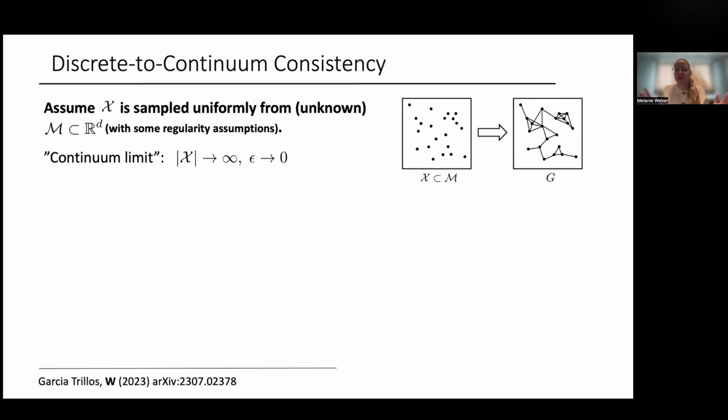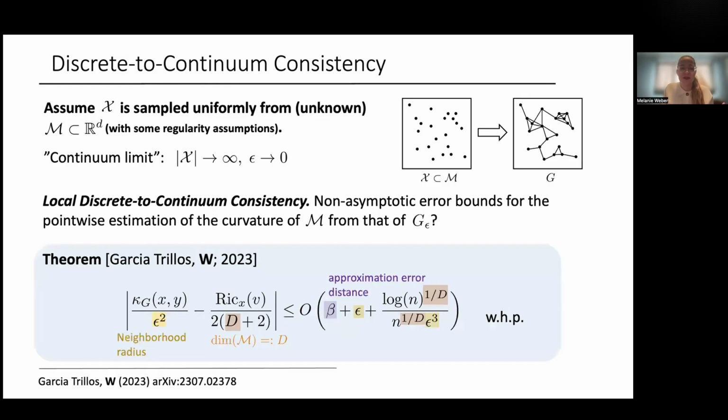As we look at this family of geometric graphs, we can ask a lot of geometric questions about what we can measure on those geometric graphs in terms of the sort of true geometric properties of the underlying manifold that is unobservable. In particular, we can look at so-called continuum or discrete to continuum limits. So in the limit, of course, we would have an infinitely large sample. And then as we let epsilon go to 0, we would sort of approximate better and better the true underlying data manifold, right?